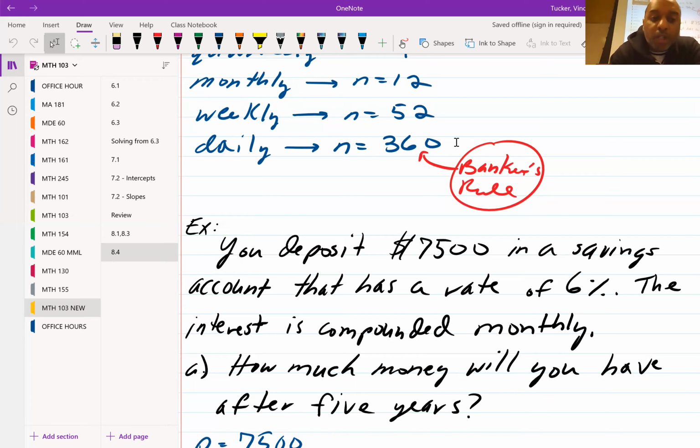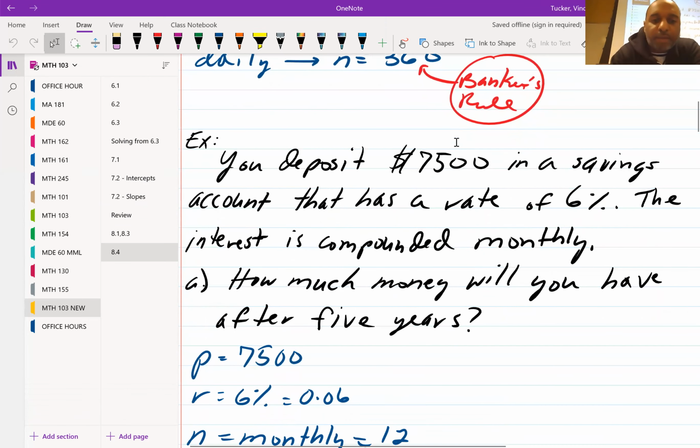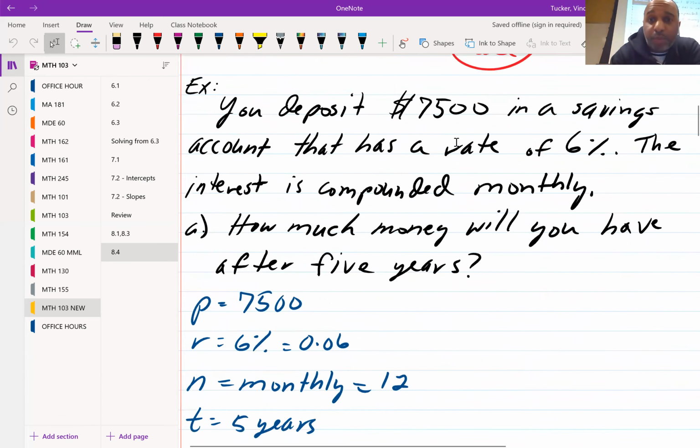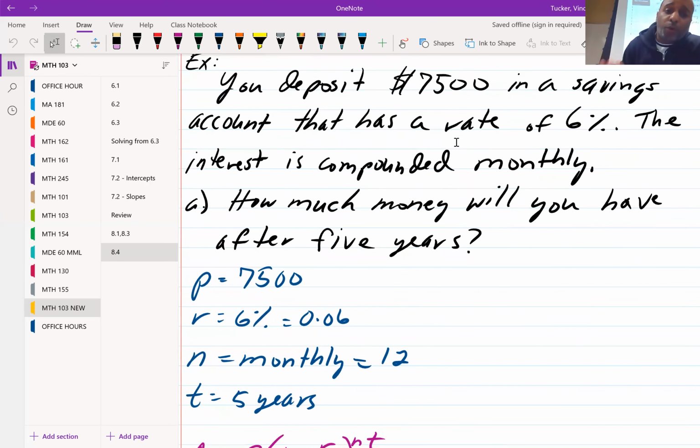All right. So just like any other time I've mentioned, we want to write down the given pieces of information first. So P is going to be 7,500, R is 6%, which is 0.06, N is compounded monthly, so that means N is going to be 12, and then T is going to be 5 years.